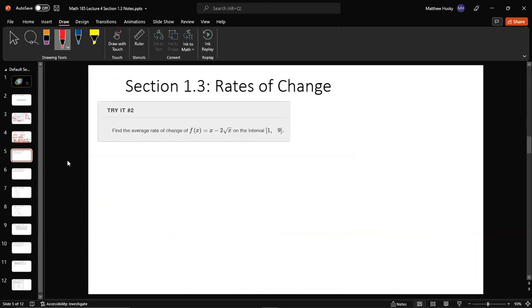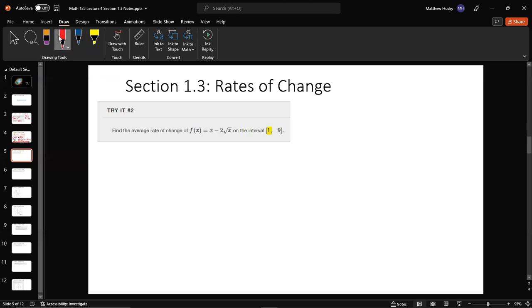Find the average rate of change of f of x equals x minus 2 root x on the interval from 1 to 9. So here's basically what that means. They want you to plug in the first value, which is 1, and see what number that spits out.